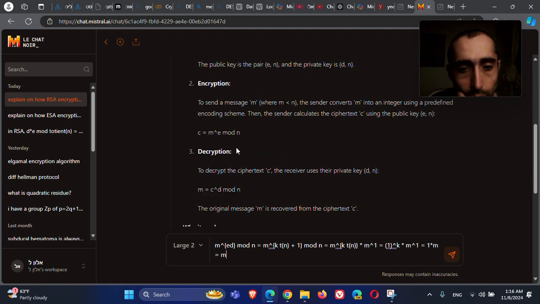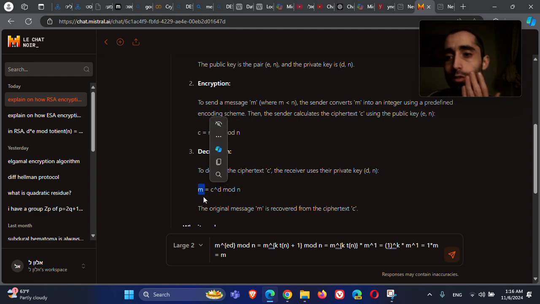So from all of this, we get m. Now take this one to the power of d, so it will be m to the power of ed. As I said here, m to the power of ed is translated to m, so all you get from here, this one to the power of d, is just m, and we recover the message.